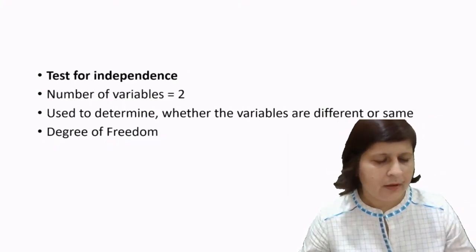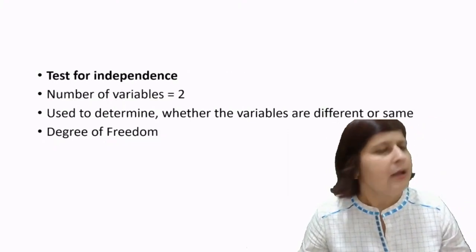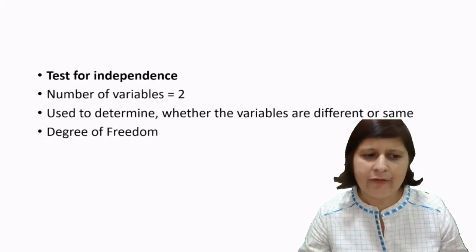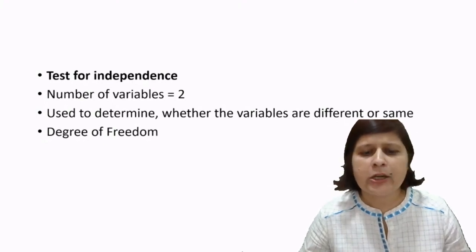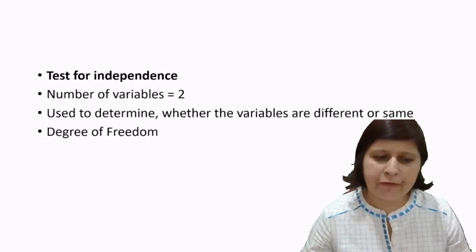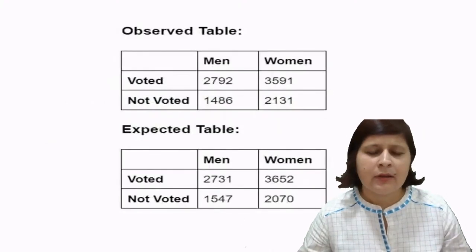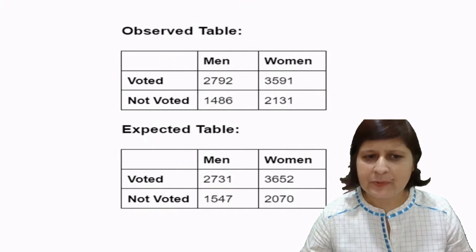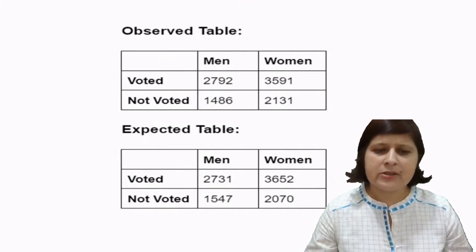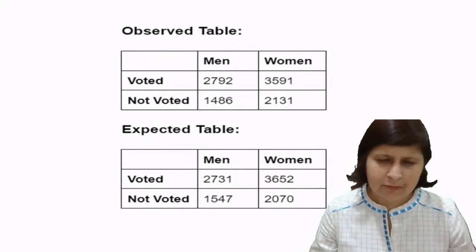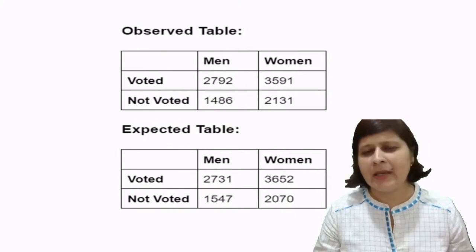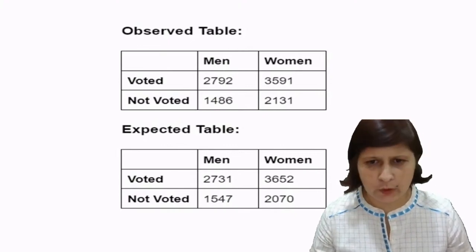Another example, that is the test for independence. The number of variables is 2, used to determine whether the variables are different or the same, and the degree of freedom. The observed table and the expected table: suppose I have taken 1,000 samples of men and women who voted and not voted.